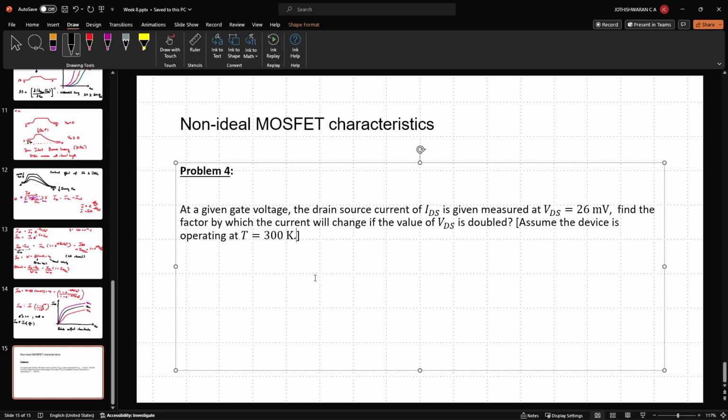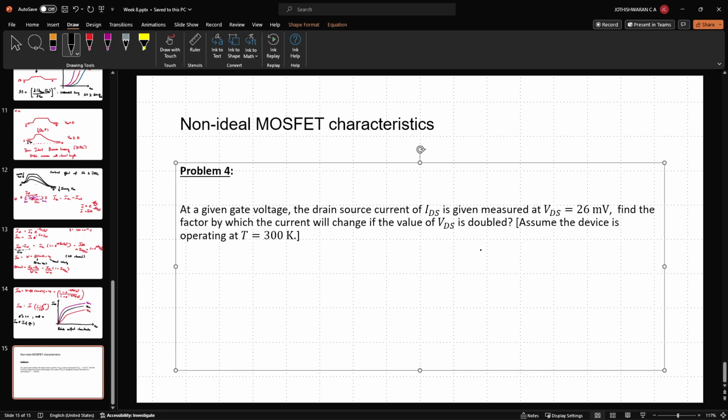Now, the final problem that we shall attempt today is we are considering a MOSFET that is operating at a fixed gate voltage, so we don't have to worry about the variation of the gate voltage. What we are told is that the drain source current is measured at VDS equal to 26 millivolts. What we are supposed to find is the factor by which the current will change if the value of VDS is doubled.